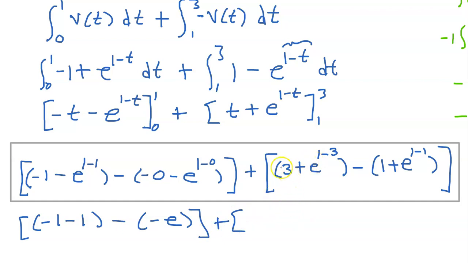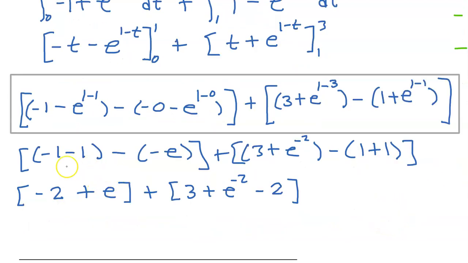So then over here, we have 3 plus e to the -2 power minus 1 plus e to the 0 power. So e to the 0 power is 1. So -1 minus 1 is -2, minus -e is positive e. 1 plus 1 is 2, so that's where this -2 came from.